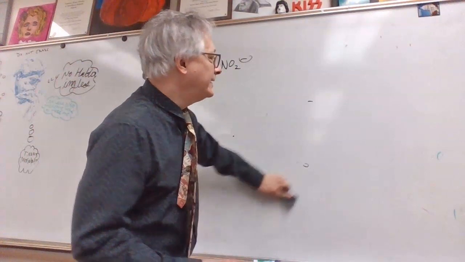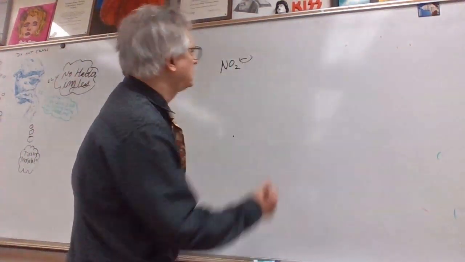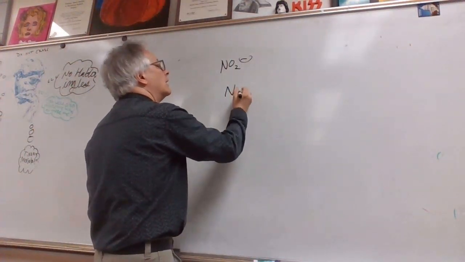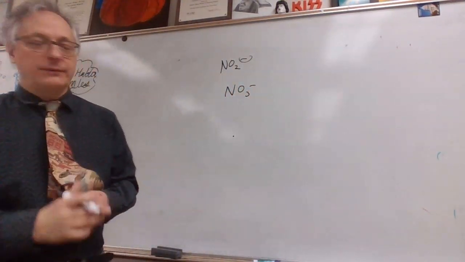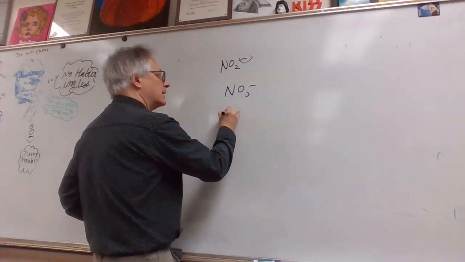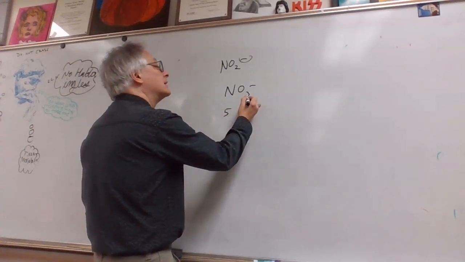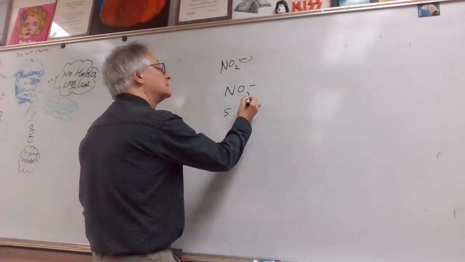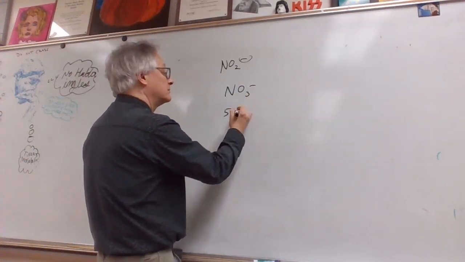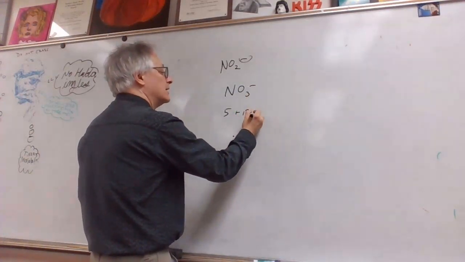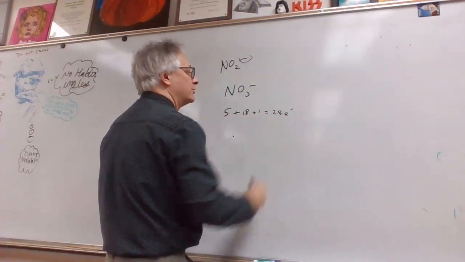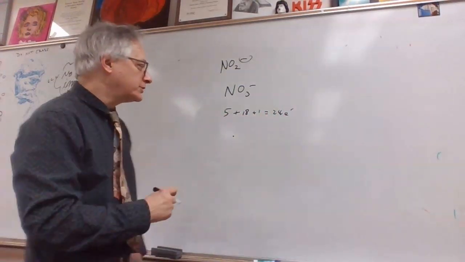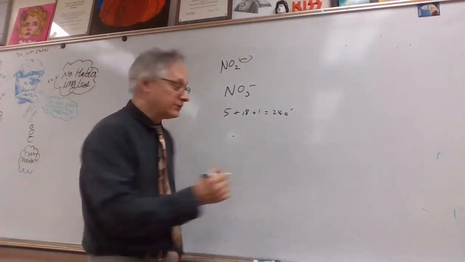Let's look at nitrate. Okay, we've got 5 electrons, and each oxygen has 6. It's 18 electrons plus 1 electron. So that's going to be 24 electrons total. Put the nitrogen in the center.